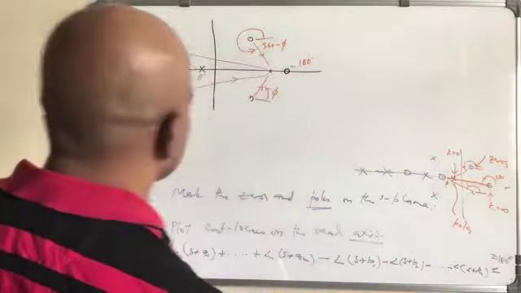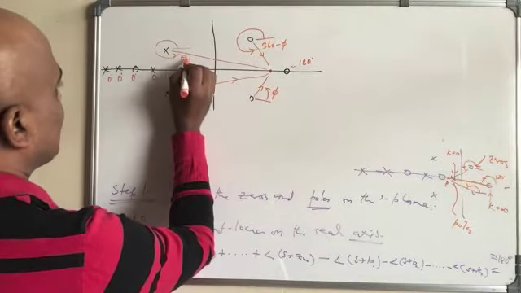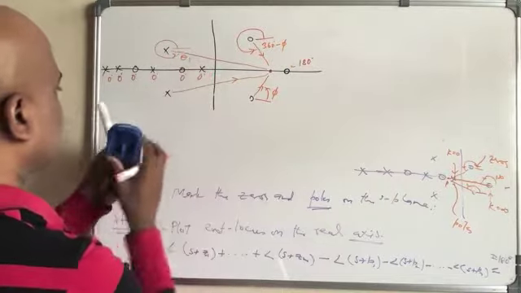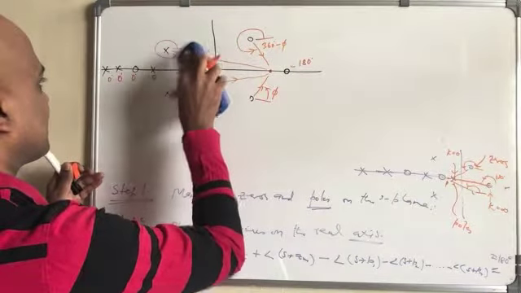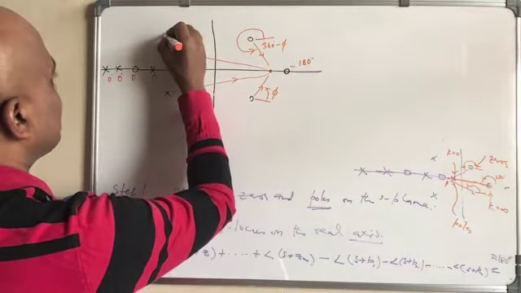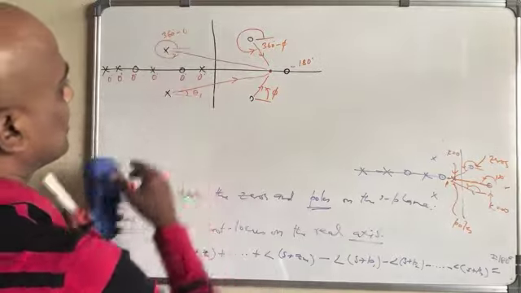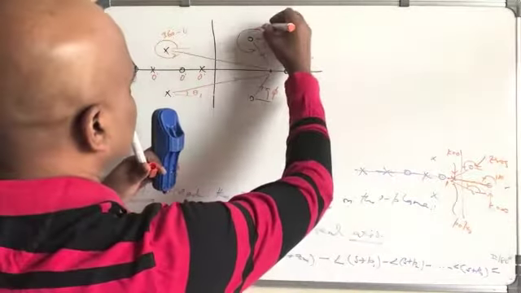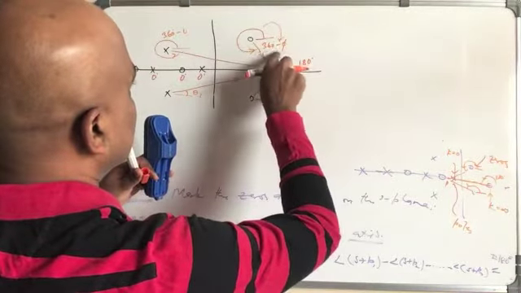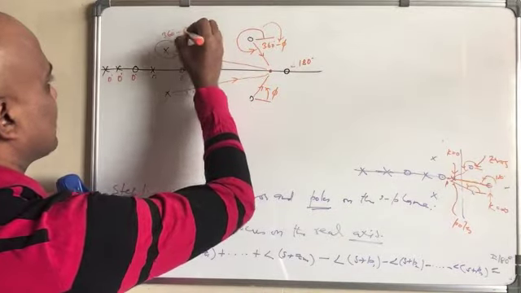So that's what it means. Okay, now if this is theta 1, then this angle will be 360 degree minus theta 1, similarly 360 minus phi.